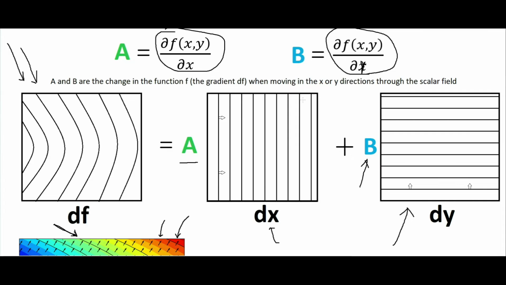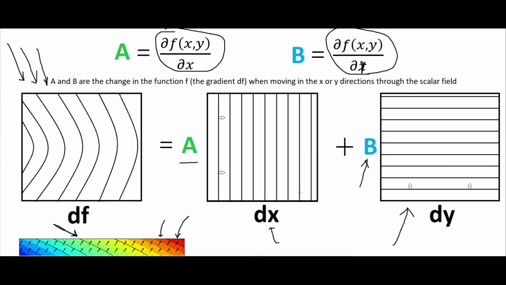So yeah, that should be y right there. And so when we add these together, we can actually generate a covector field like this that is some linear combination of these dx's and dy's.